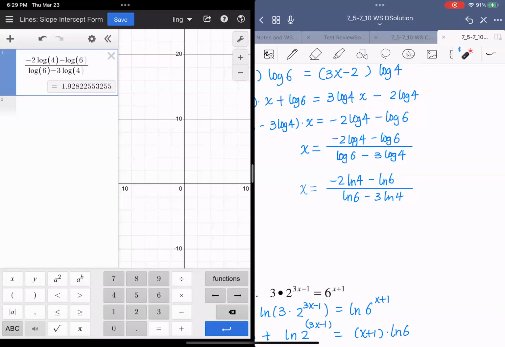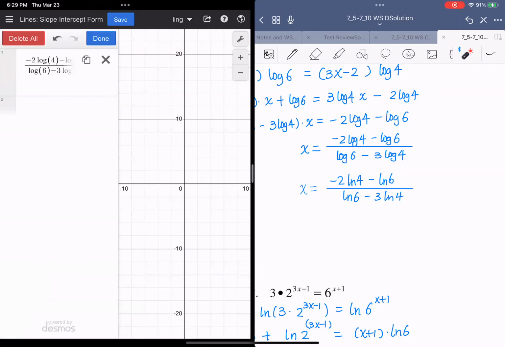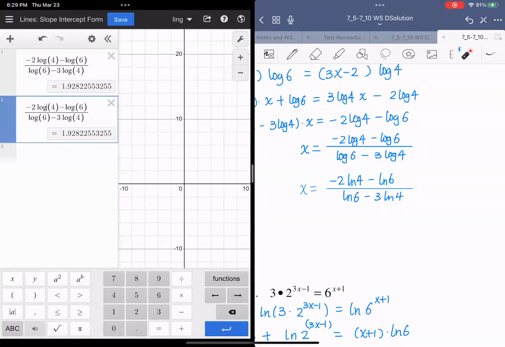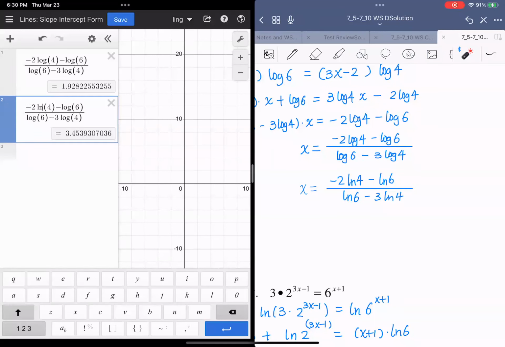You may feel curious, how come these two are the same? So let's do this. I click here, copy, and paste. Then I change this log to ln, and here I change this to ln as well. ln means natural log.